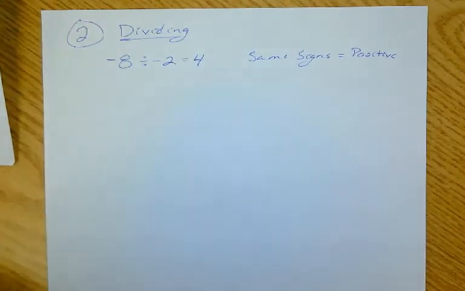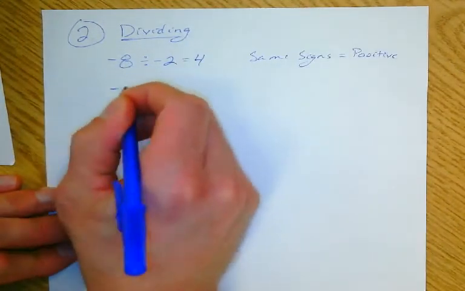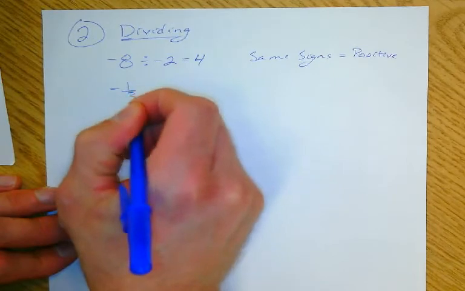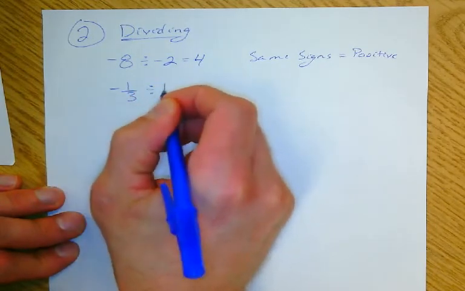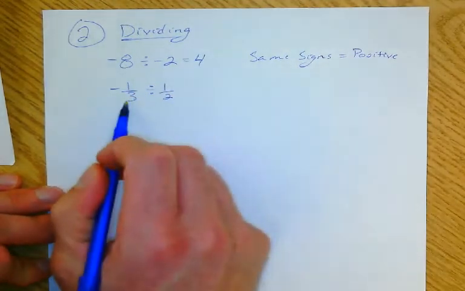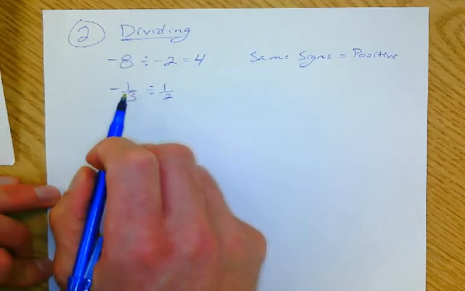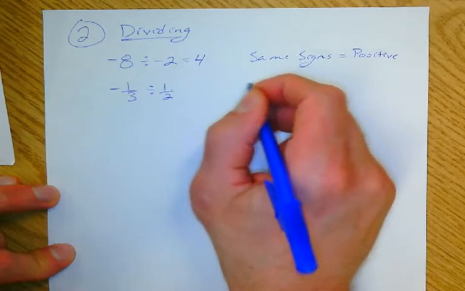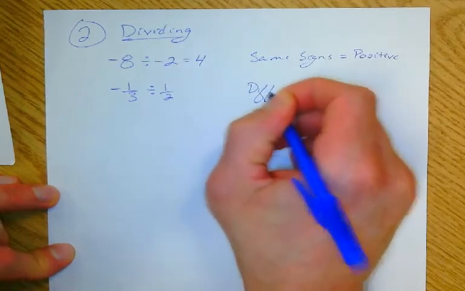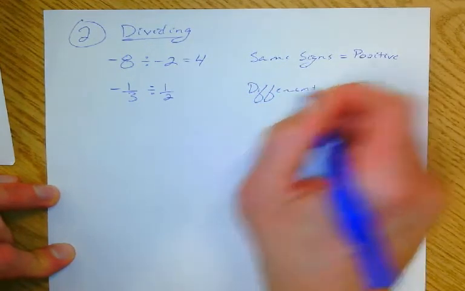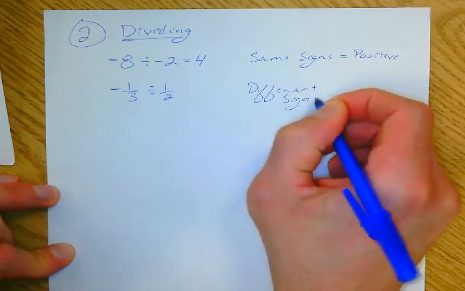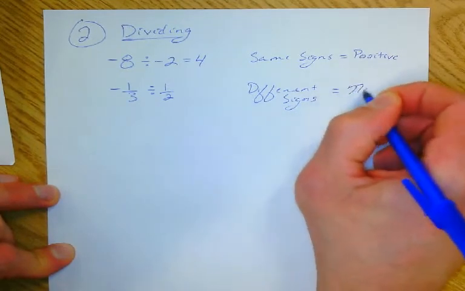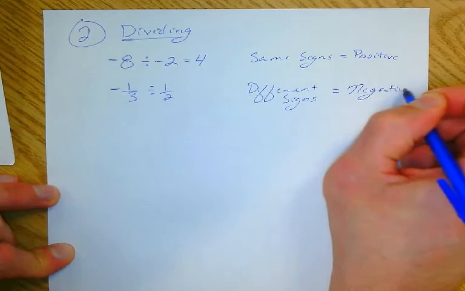Now, if they have different signs, like say we have negative 1/3 divided by 1/2, since these two numbers have different signs, we will get a negative answer, or a negative quotient.